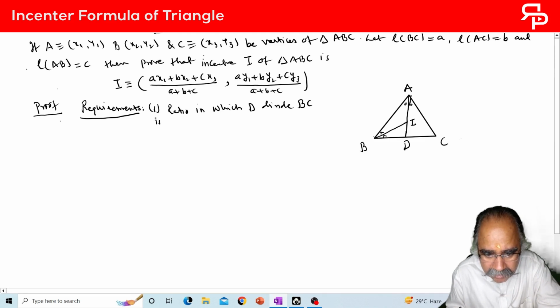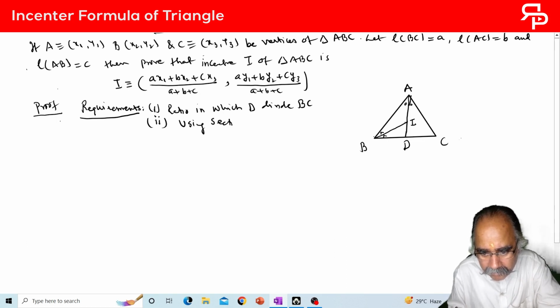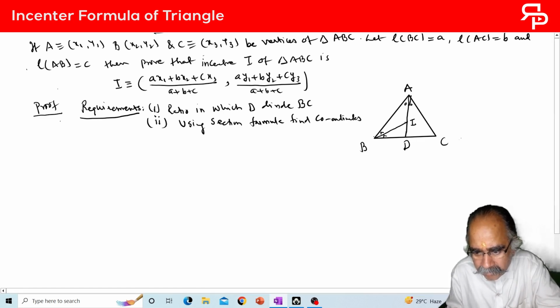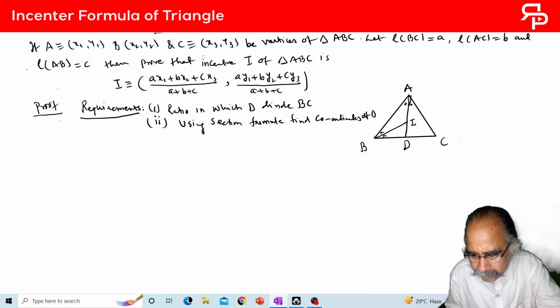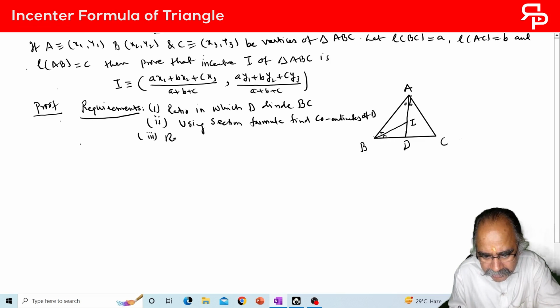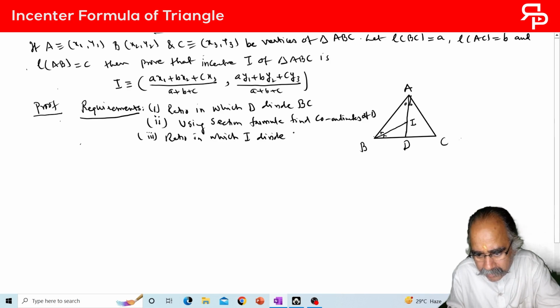Second requirement: using the section formula, find the coordinates of D. Third requirement: the ratio in which I divides AD.